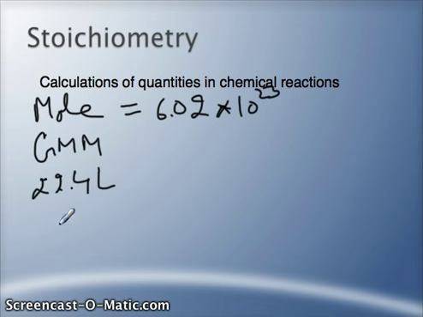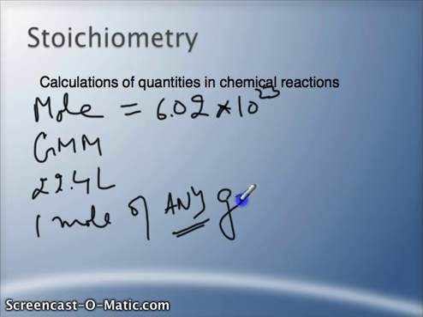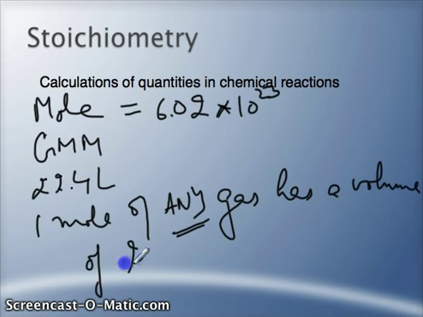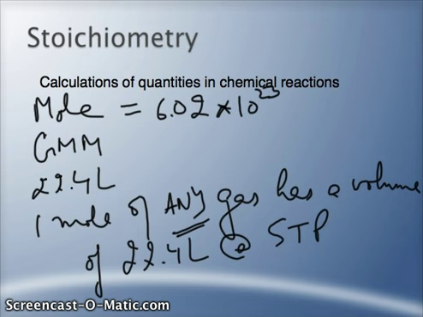We had talked about how 1 mole of any gas whatsoever has a volume of 22.4 liters at STP. Now, STP stands for standard temperature and pressure. The exact values for standard temperature and pressure are given in the reference tables, in the first table, Table A.